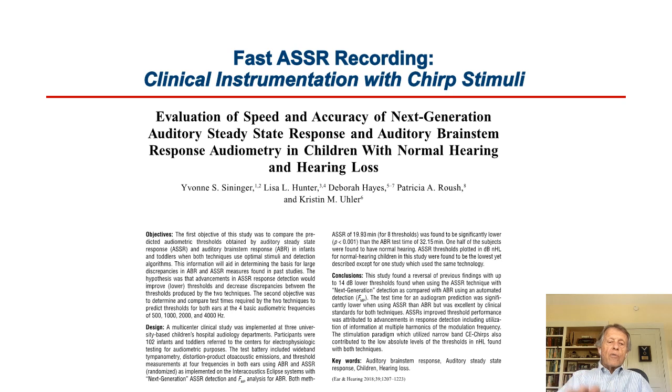If you want a nice overview of this concept of using chirp stimuli and quickly estimating thresholds, both for ABR or with ASSR, here's an excellent article by some experts and well-known electrophysiology people, Yvonne Sinninger and others, showing how quickly this technique works using chirp stimuli.